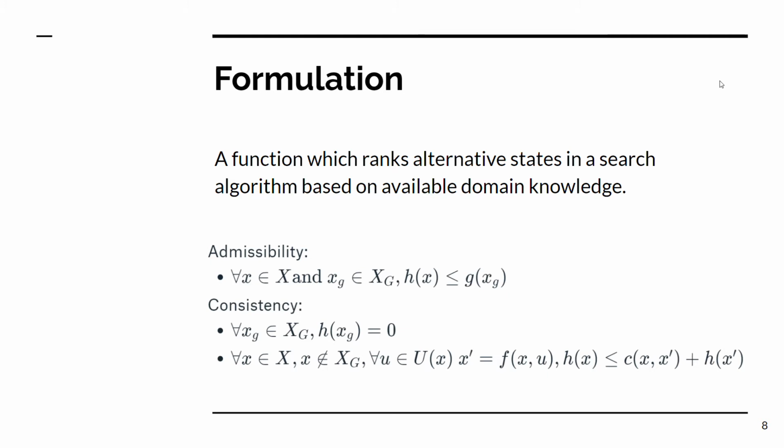A heuristic is admissible if it never overestimates the true cost to the goal. A heuristic is consistent if, when going between neighboring nodes, let's say A to B, the heuristic difference never overestimates the actual step cost. That is, the heuristic function follows the triangle inequality.